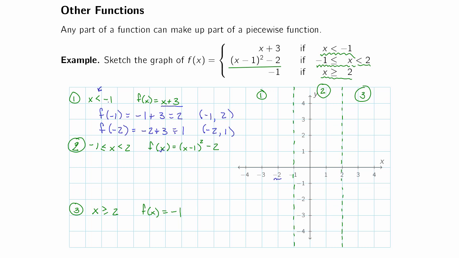Now, in this piece of the graph, x is not allowed to equal -1. So this point is out. I'll put an open dot at -1, 2. X is -2, that's just an ordinary point in my region, so I'm just going to put an ordinary point at -2, 1. That isn't the filled-in dot that I use to show my endpoints. It's just an ordinary point on my line.